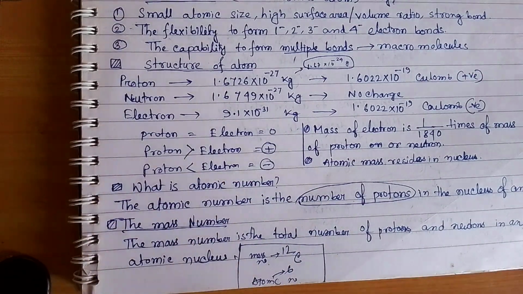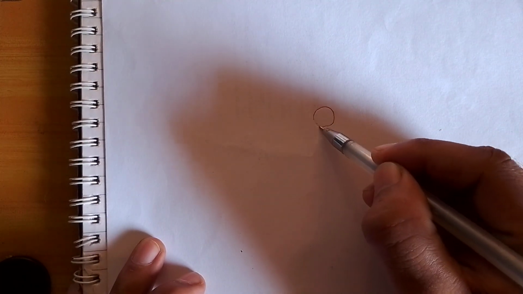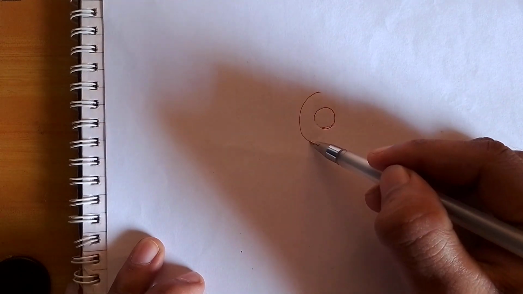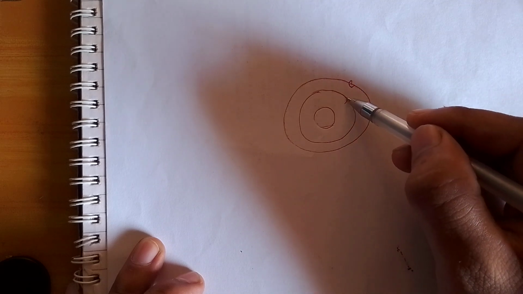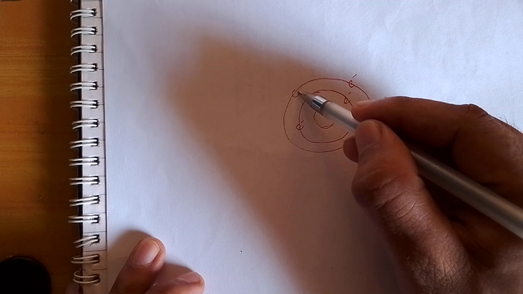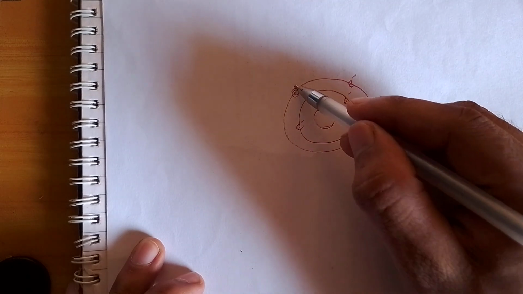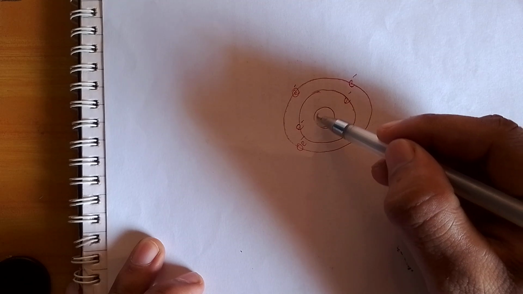I'll show it on another paper. You can take this as the primary concept. These are the nucleus part, and electrons are moving: electron, electron, electron, electron. Electrons are moving, and this is the core part.